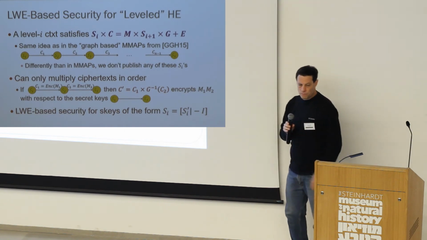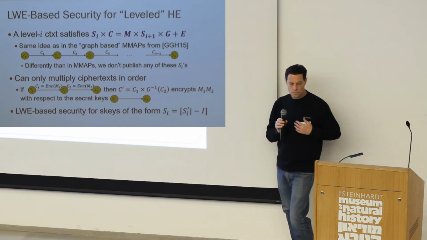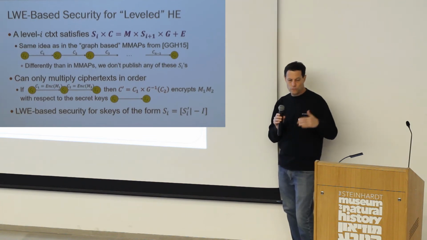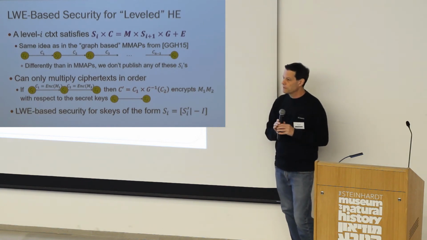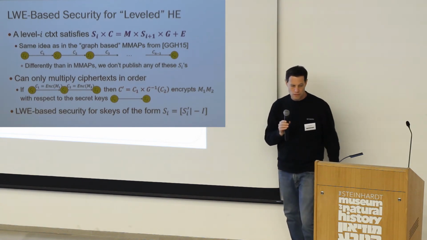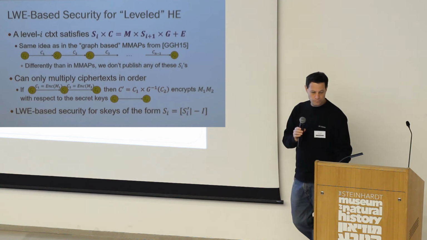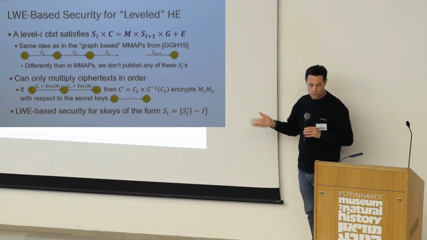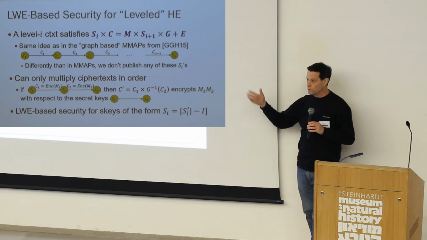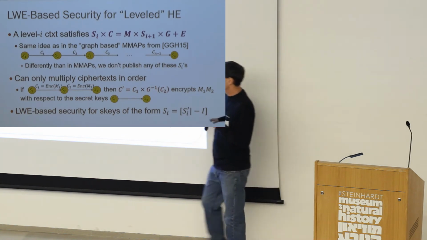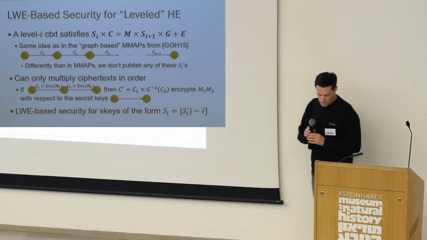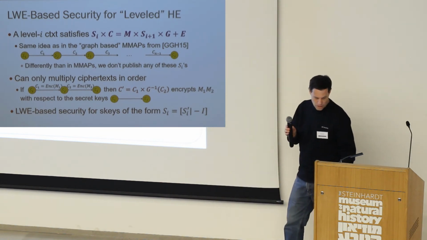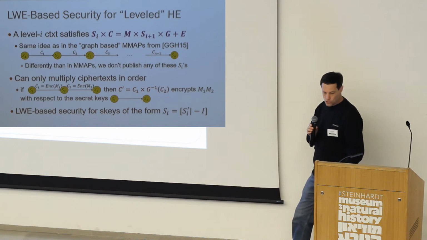And if you do multiply them in order, then the product encrypts the product of the plaintexts with respect to this hop that jumps through the next secret key. And you get LWE security for a secret key of this same form that we had from before, Si with the identity. The proof is straightforward. I mean, there's nothing to it. You just show that you have the same pseudorandom matrix there.